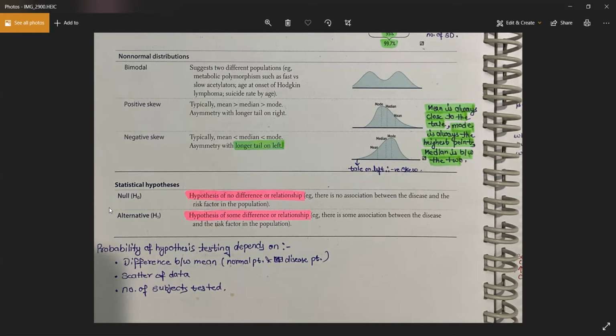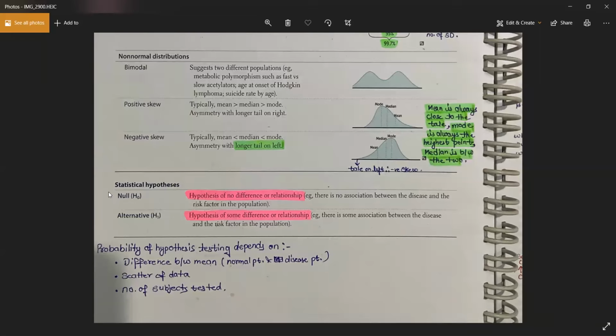That means it is a null hypothesis, which means there is no difference or relationship between the risk factor and the outcome.